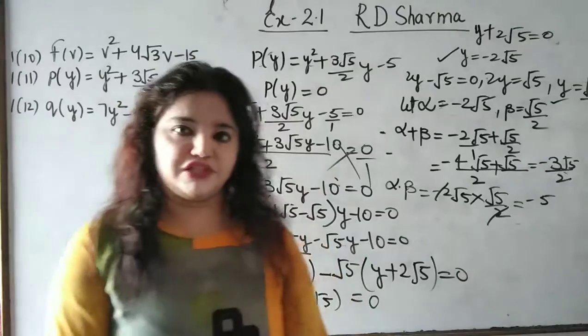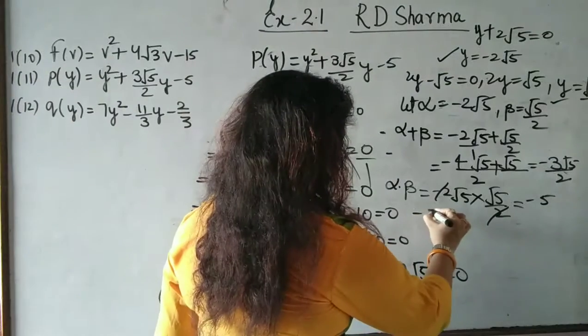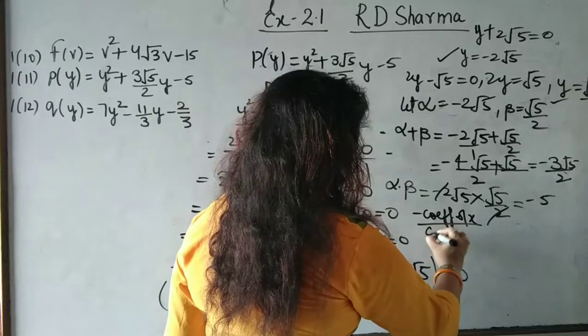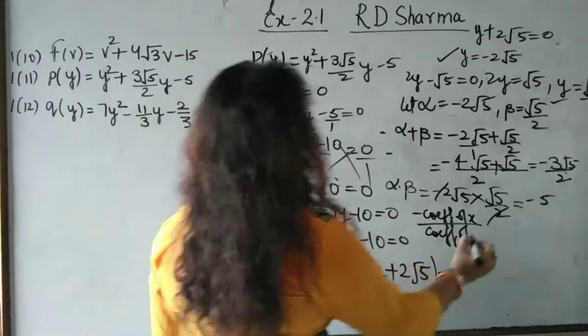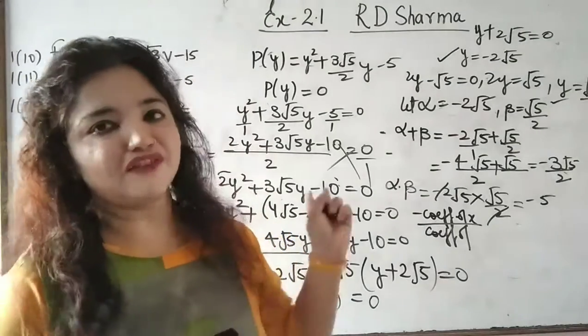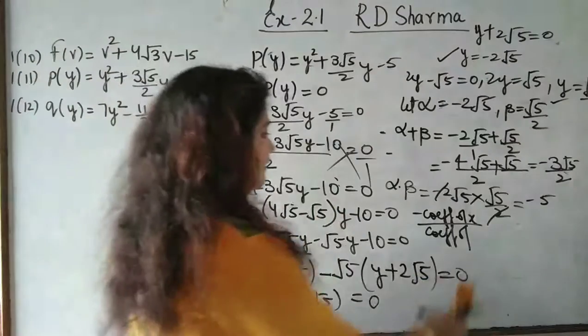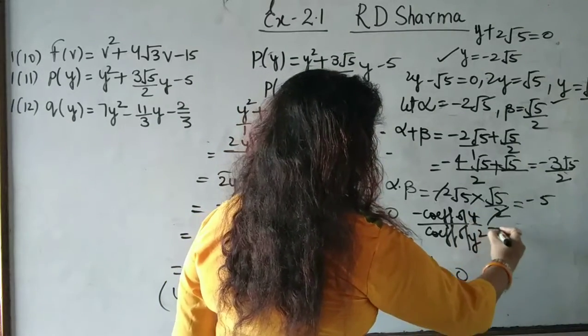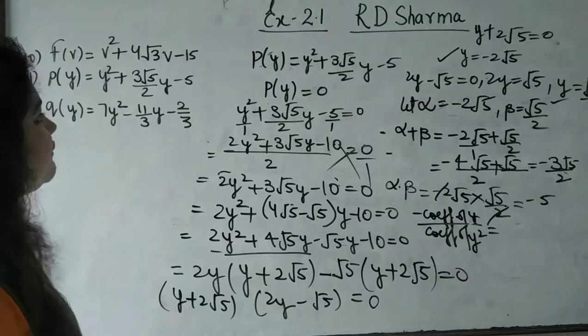Now in terms of coefficients we will check the value. Minus coefficient of x upon coefficient of x squared, but in the place of x what will you write? Y, because we have the polynomial in terms of y. So we will write minus coefficient of y upon coefficient of y square. What is the coefficient of y?